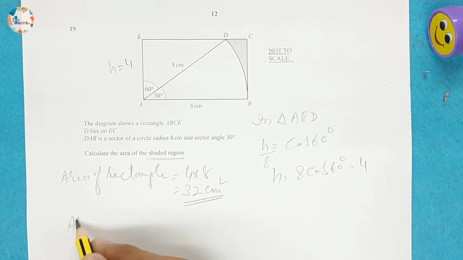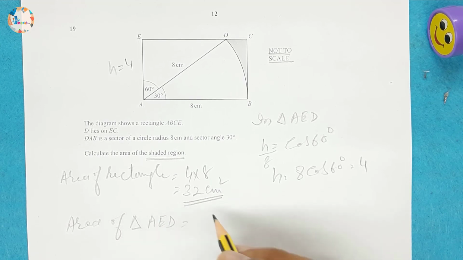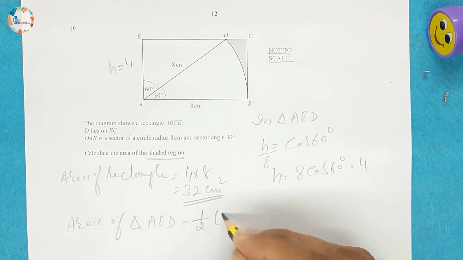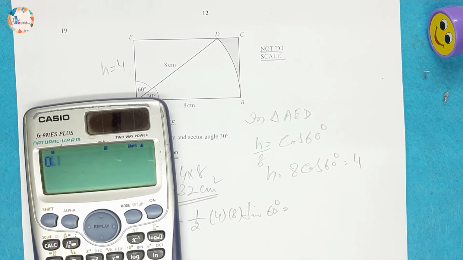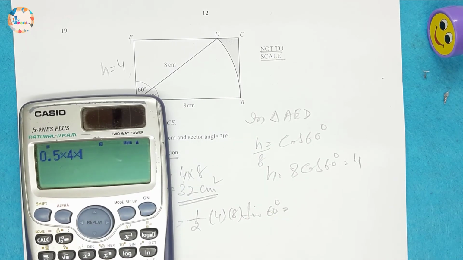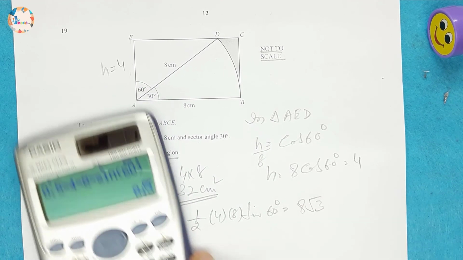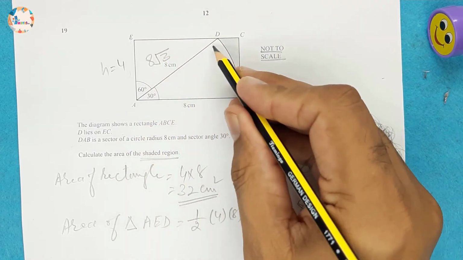Now we can find area of triangle AED, and this will be equal to 1 by 2 ab sine C, 0.5 into 4 into 8 into sine of 60 degrees, and this will be equal to 8 under root 3, which is the area of this triangle.